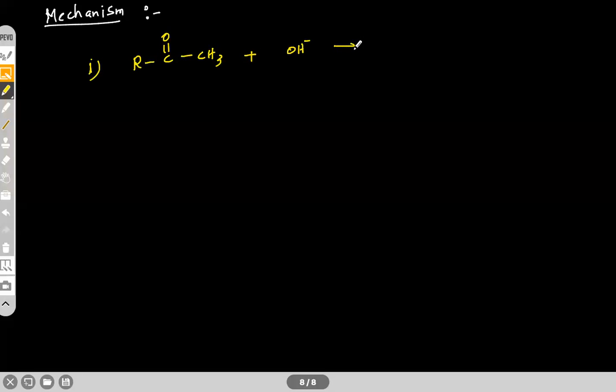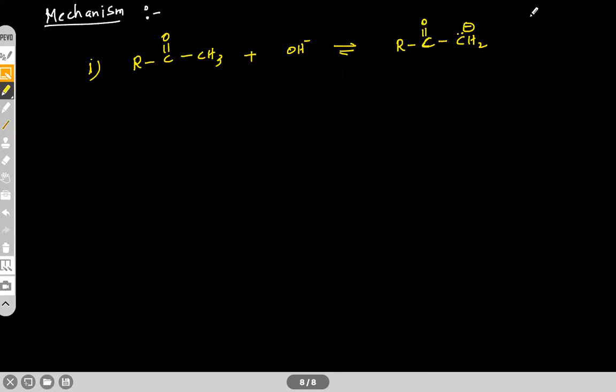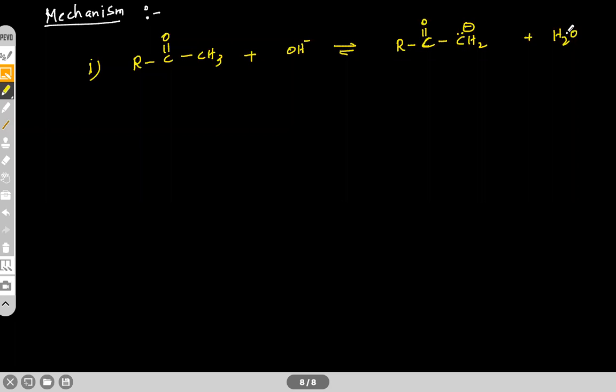This OH minus takes this H plus, the alpha hydrogen, and it converts into R-C double bond O-CH2 with a negative charge, plus we get H2O. So this is an acid-base reaction.